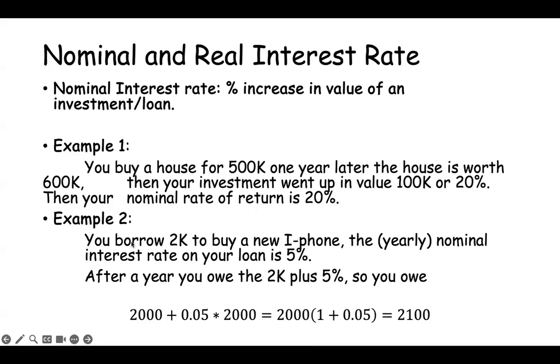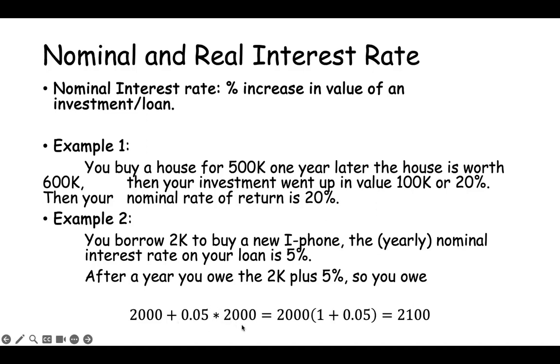Similarly, from the point of view of a borrower, if you borrow $2,000 to buy a new iPhone, and they tell you the nominal interest rate on your loan is 5%, it means after a year, assuming you don't pay anything back, what you owe is the 2,000 plus 5% of your loan. So you owe the 2,000, this is called the principal, what you borrowed, plus the interest payment, which is 5% or 0.05 times the principal.